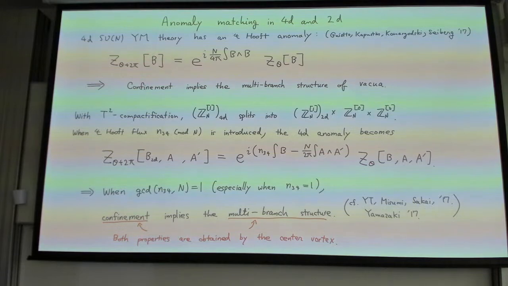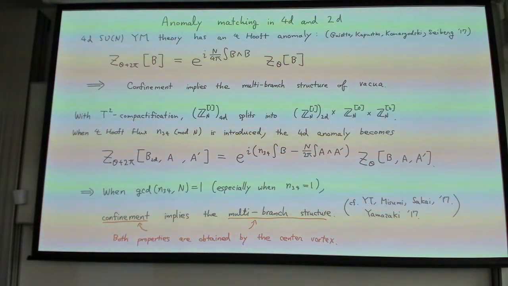If you introduce a background 2-form gauge field for the center symmetry and shift theta by 2-pi, then it almost recovers the original partition function, but contact terms for the center symmetry background gauge field are shifted. Because of this anomaly for the theta periodicity, if you assume confinement at any value of theta, then you necessarily require a multi-branch structure, and there has to be a quantum phase transition at some value of theta.